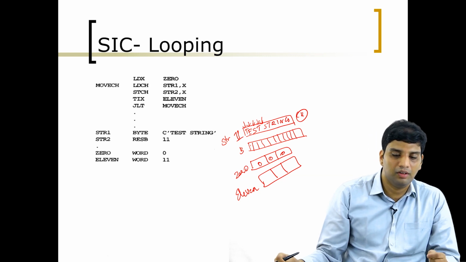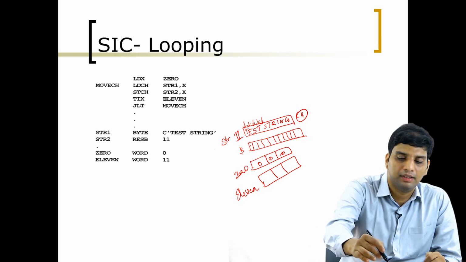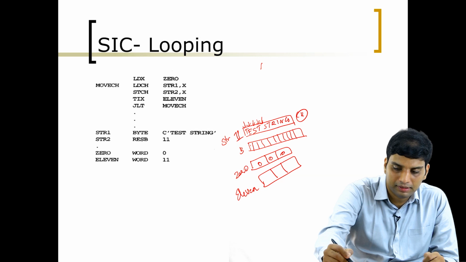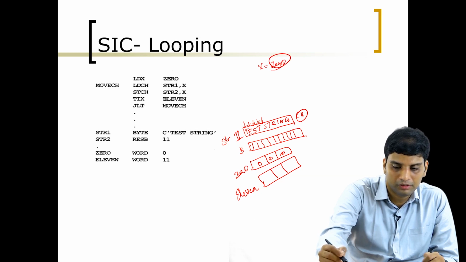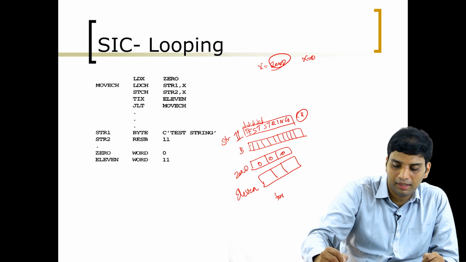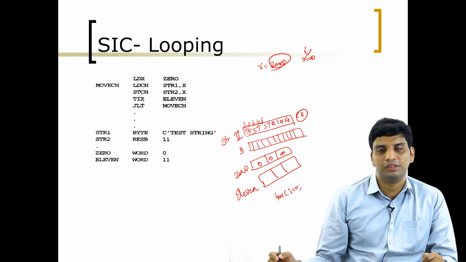Clear? Now how does the program start? Now coming to the program, first one is LDX 0. That means X register or index register, you are giving the value as 0. So now X is equal to 0. That is considered like for I equal to 0. Similarly, I am initializing X equal to 0.